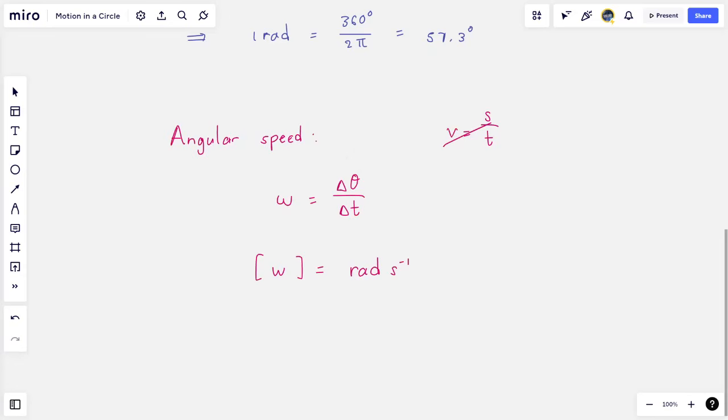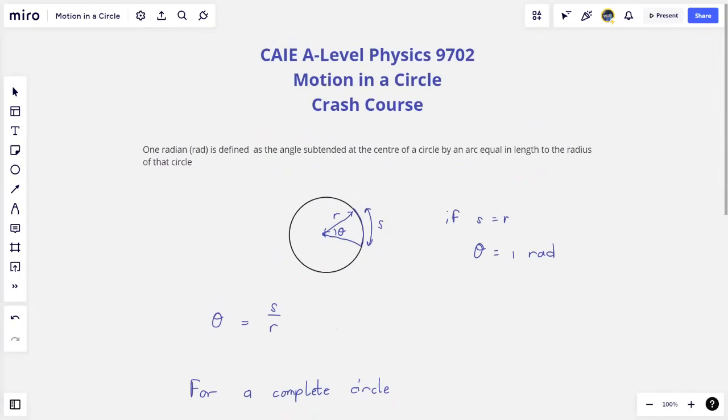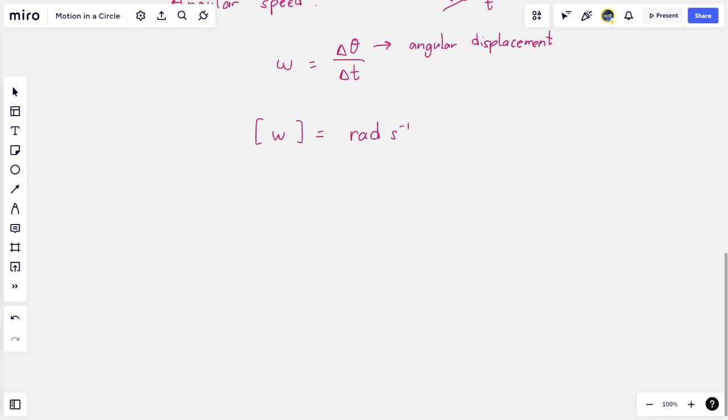My change in angular displacement over my change in time. Sort of makes sense. If I cover a greater number of thetas every second, I'm traveling faster around the circumference of the circle. And so the unit of measurement for omega is radians per second.